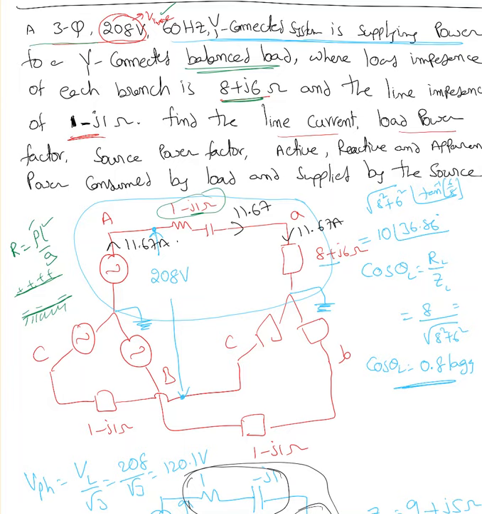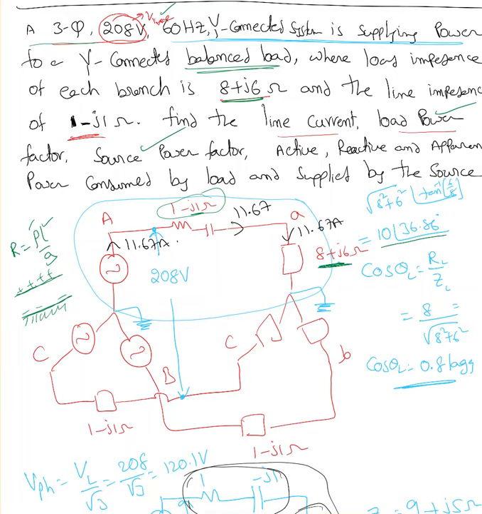Now the question he's asking is: find the line current, load power factor, source power factor, and the active power, reactive power, and apparent power consumed by the load and supplied by the source. The first thing I can easily find is the load power factor and source power factor. For the load, 8 plus J6 is in rectangular format.